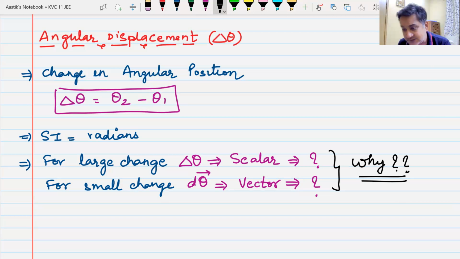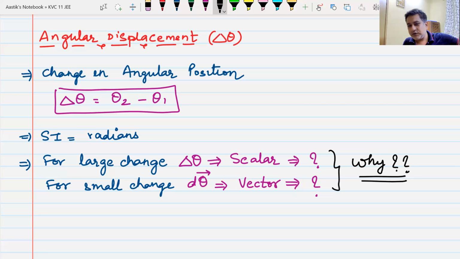Now remember, we have started circular motion and we have seen two terms here, angular position and angular displacement, theta and delta theta or d theta. Now these two terms, does it remind you of something that we have already done in the past? This motion is known as circular motion.